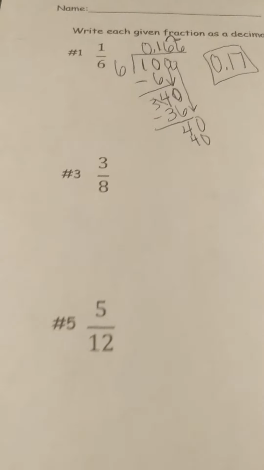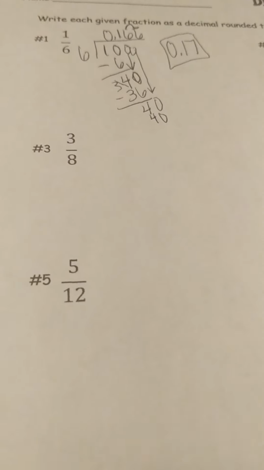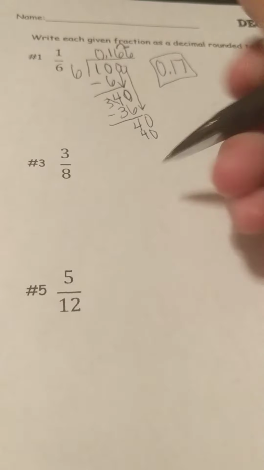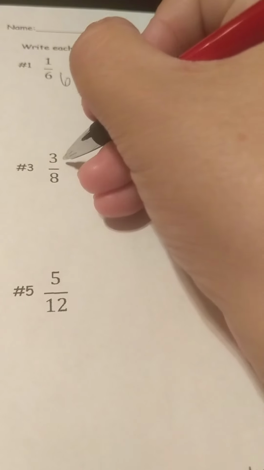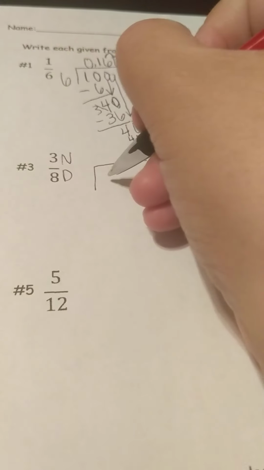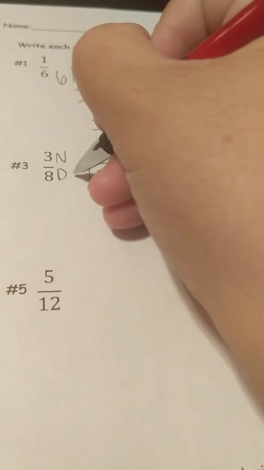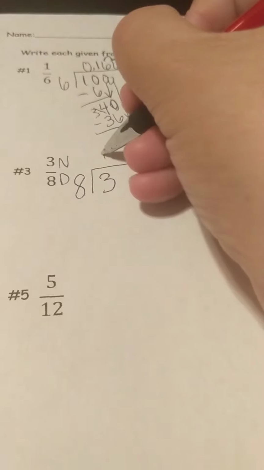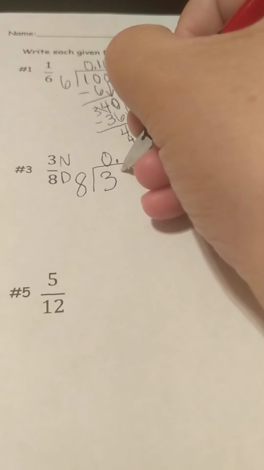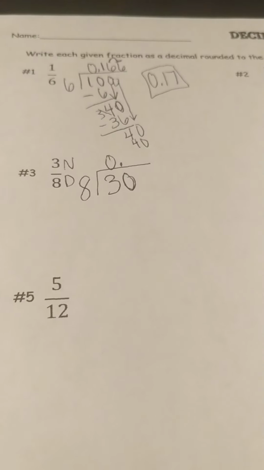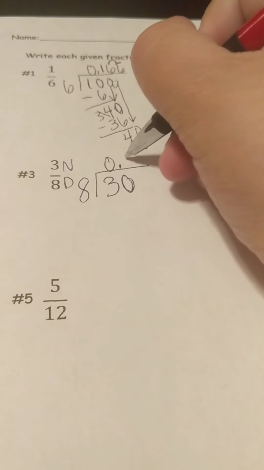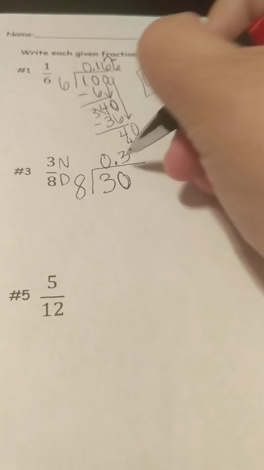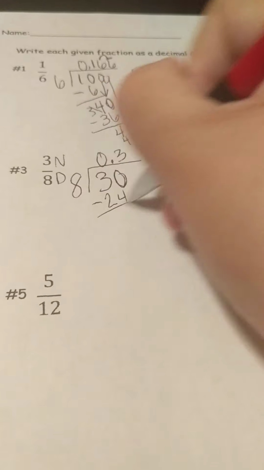Okay, so I'm just going to go down to number 3. So we have 3/8. So again, numerator, denominator, numerator goes in, which is 3, denominator goes out, which is 8. 8 cannot go into 3, so we'll add a 0 on top in a decimal and a 0 on the inside. 8 is going to go into 30 3 times, which is 24.